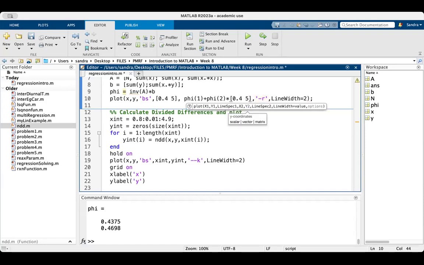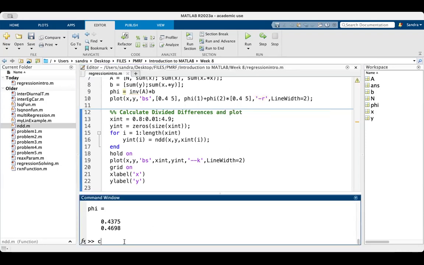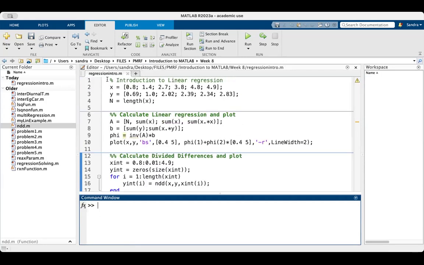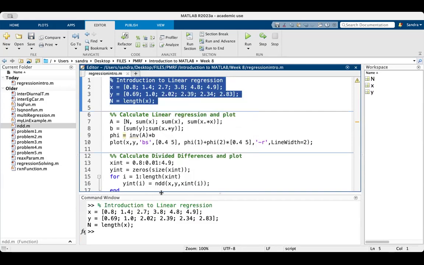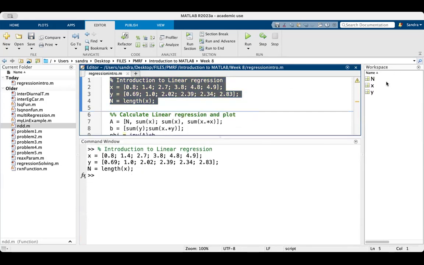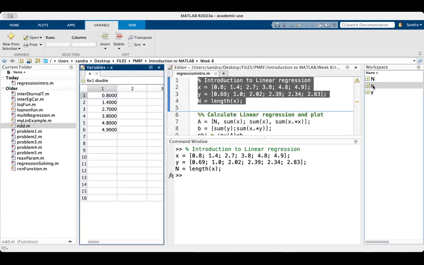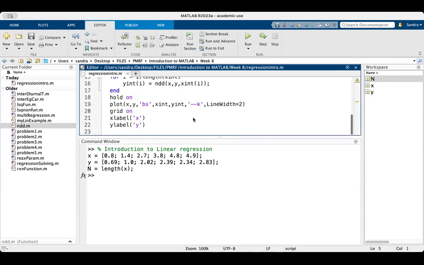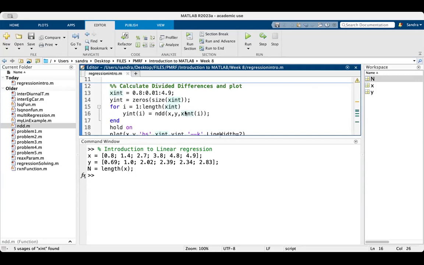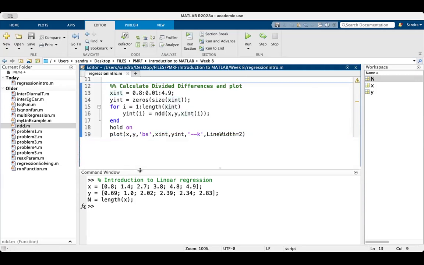So let's do it line by line. CLC. I'm just running this here. You can see your x values, y values, and n equal to 6. Now, this is where the code starts.